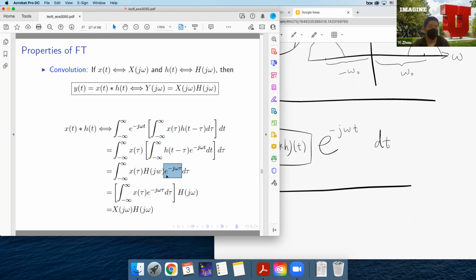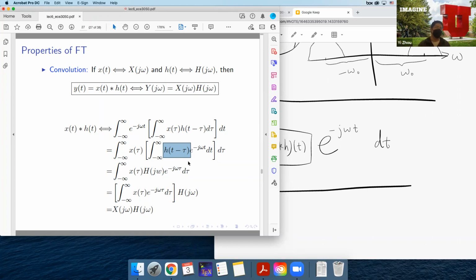This one together with the x(tau) defines the Fourier transform of X. And where does this time shifting come from? It comes from the definition of convolution.